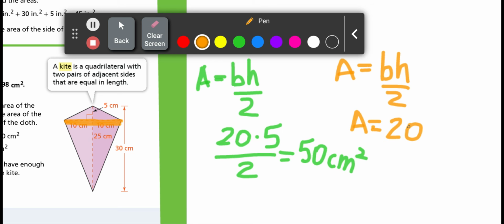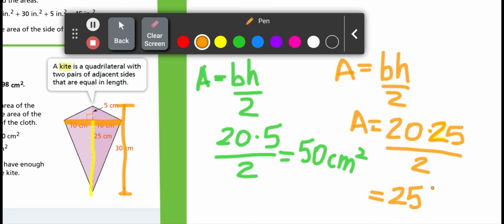My height, well, now we have to look carefully. They say that this whole height is 30. Well, I just want my height from my base down, which is 25. So I will have 20 times, oops, sorry, that's hard to see. 20 times 25, last step, divided by 2. So that area is 250 centimeters squared.